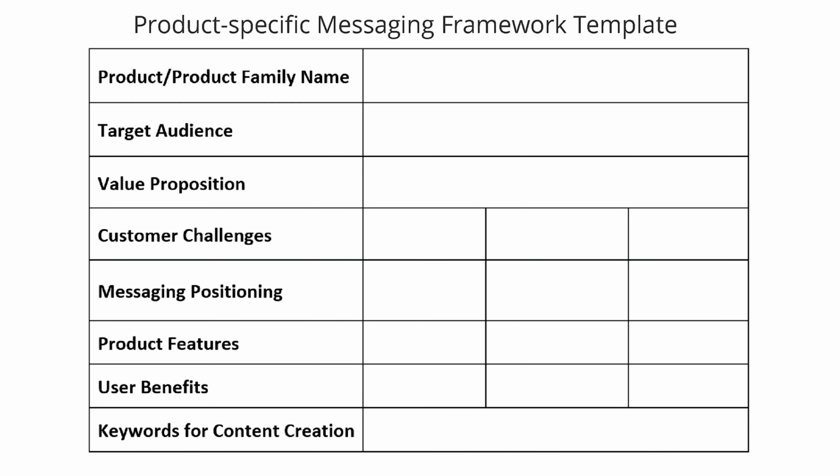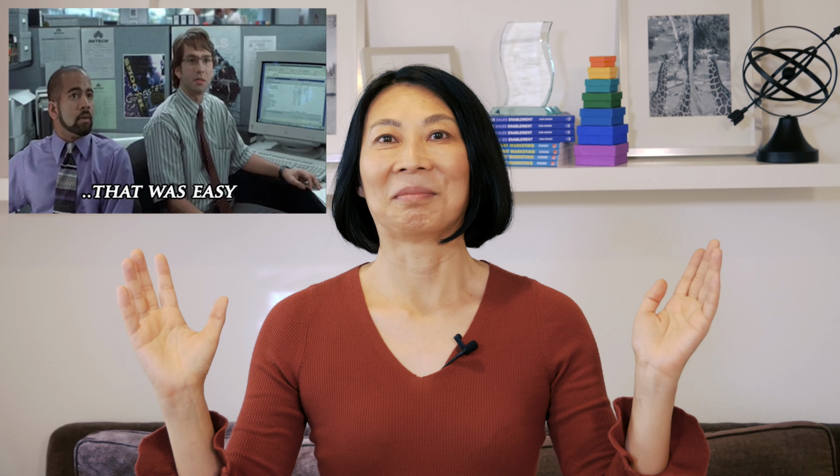After that is messaging positioning or messaging pillars, product features, user benefits, and the last category is keywords for content creation. That is it. Very simple. So now let's talk about each category a little bit more so you can get a sense of how you can better fill in the blanks.